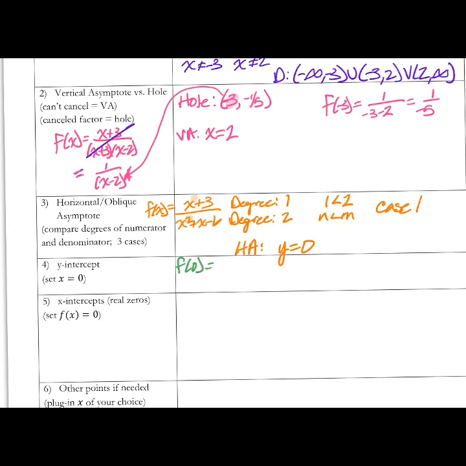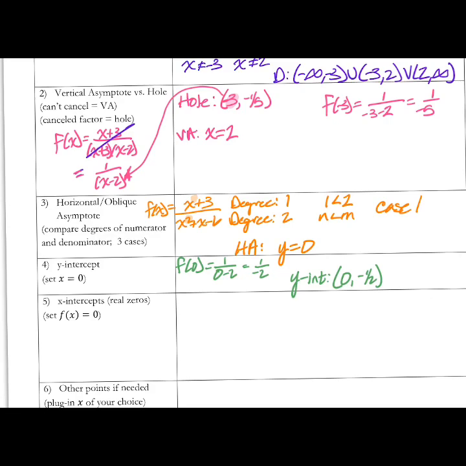I always like plugging it into my simplified equation because I don't have to simplify later. That's how I like to do it. So I've got 1 over 0 minus 2, which equals 1 over negative 2. So my y-intercept should be at 0, negative 1/2.